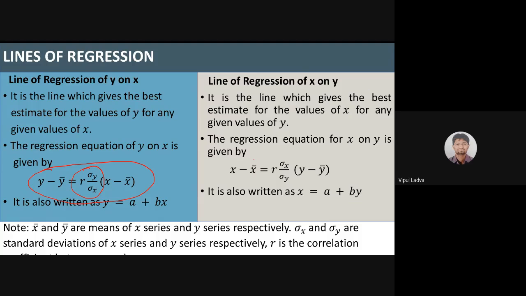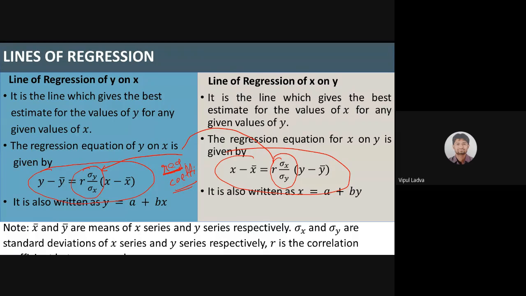The regression line x on y has the format x minus x bar equals one of the regression coefficients into y minus y bar. Now what is this? r standard deviation of y divided by standard deviation of x, and r standard deviation of x divided by standard deviation of y. Both of these are known as regression coefficients.